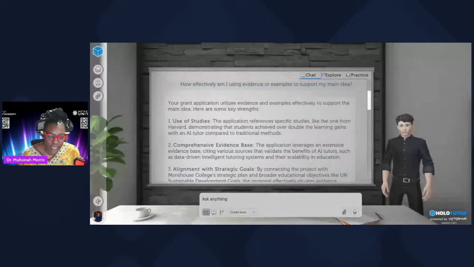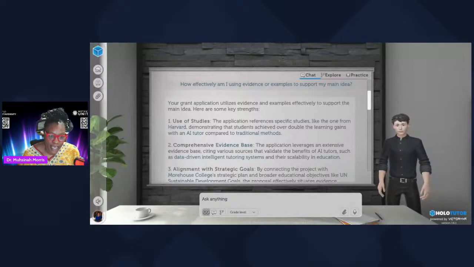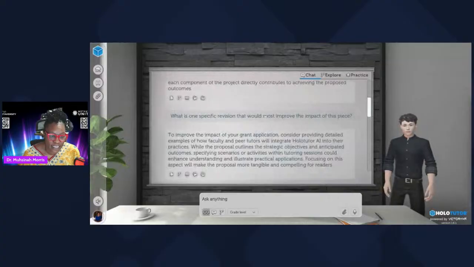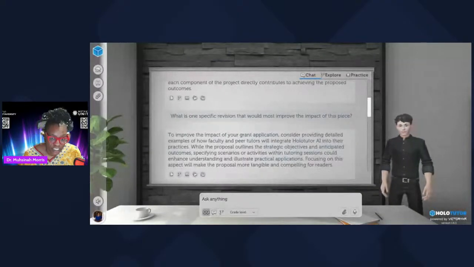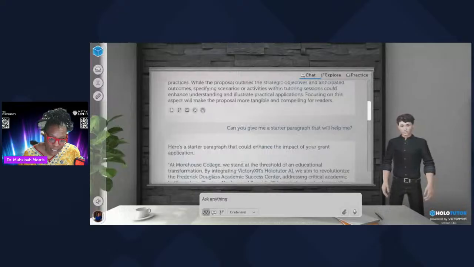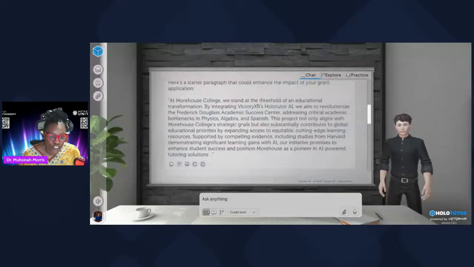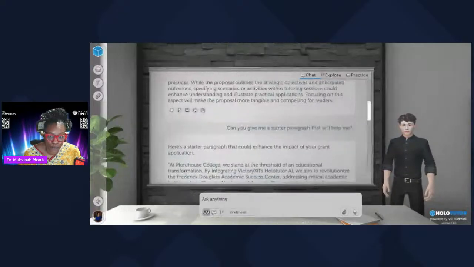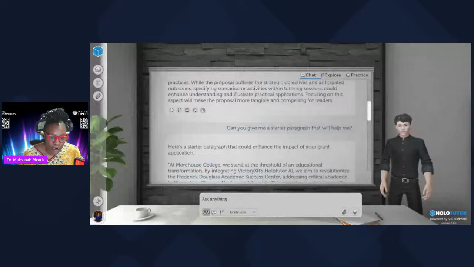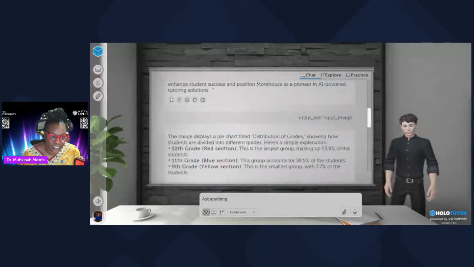I asked it, how effectively am I using examples? And it gave me what strengths I had. And I asked about what specific revision would improve the impact, and it told me that. And I asked it to give me a starter paragraph based on what I wrote that would help me restate that, and it did that.